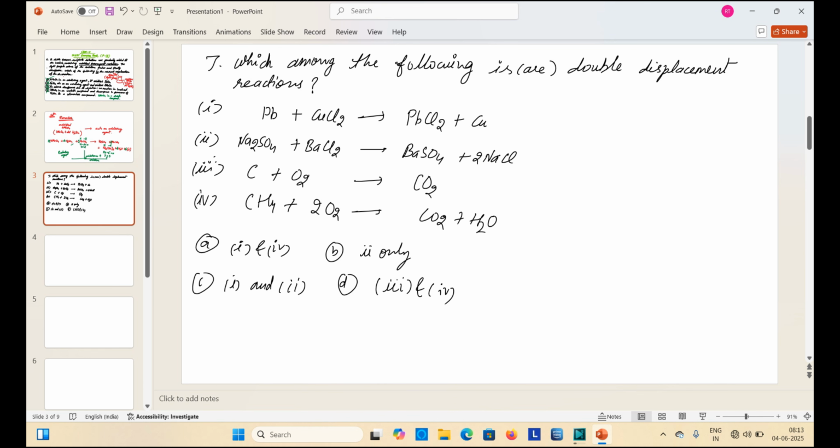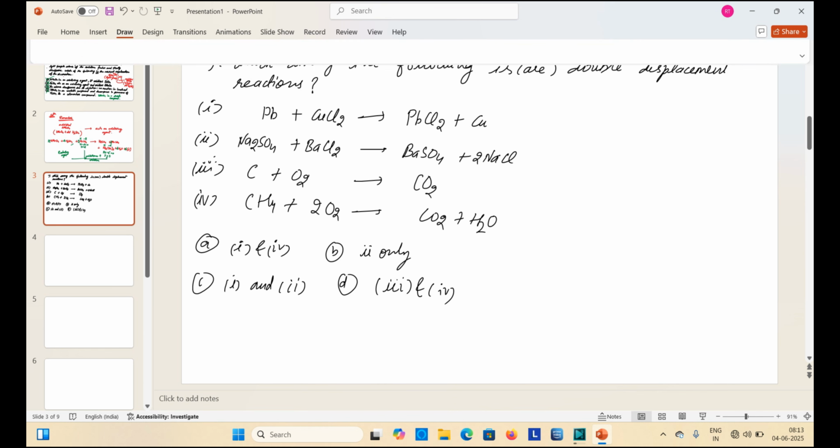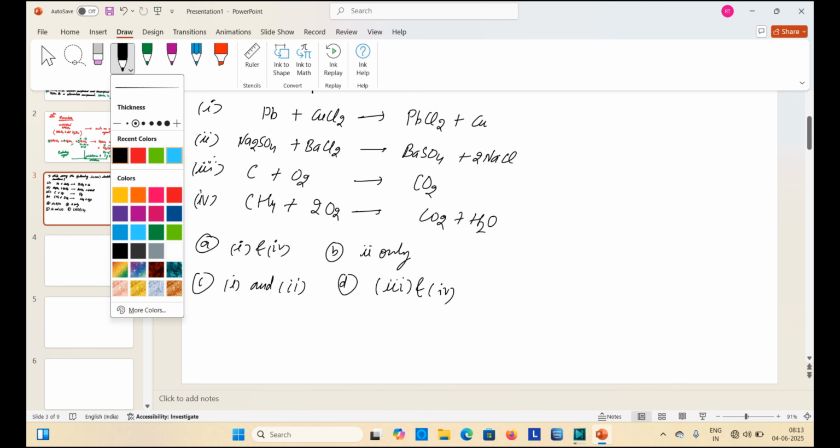So it is the seventh problem given to us, and the question is saying to find out the double displacement reaction in the given options.